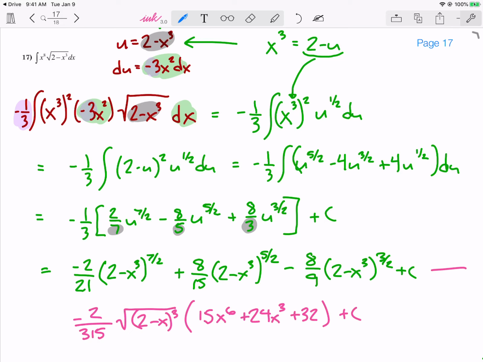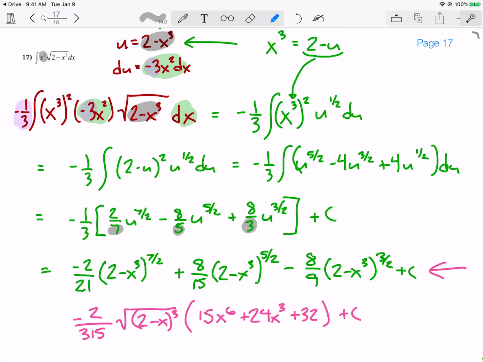Much more likely to see this answer show up on a multiple choice if this were to be a multiple choice. But the key concept here is that the derivative of our u was an x squared. And we actually had 8 x's out front. Okay? Since we had 8, we had 6 leftover x's.